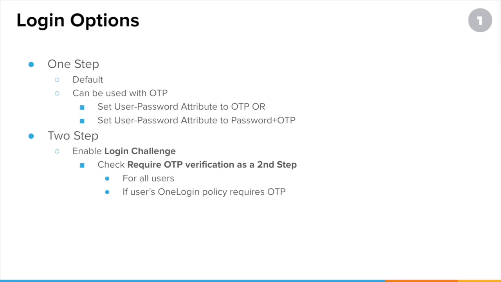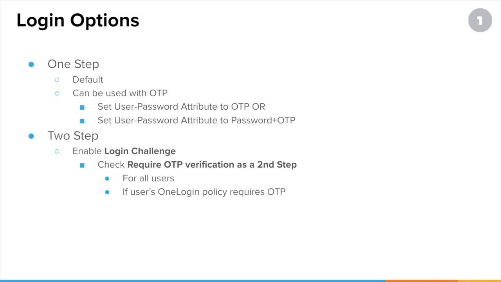The one-step flow can also require users to provide a one-time password, or OTP. To do so, you would change the mapping for the password field. So you could map it so instead of password, they have to provide their OTP, or they have to provide password plus OTP.